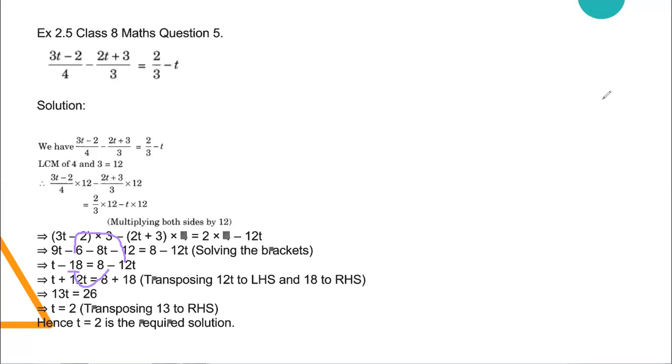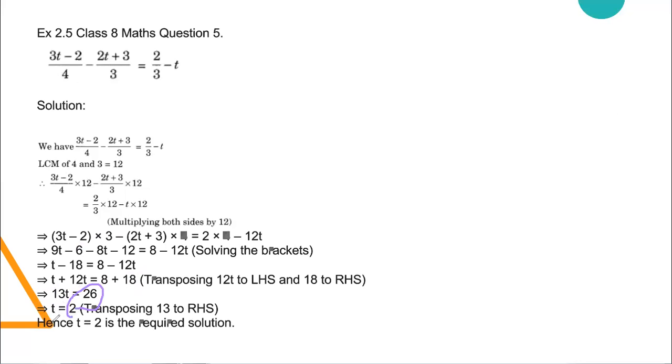When you do that, you arrive at the step where it is t plus 12t equals 8 plus 18. So now, how do you do this? You can add up t plus 12t, which arrives to 13t. Alright, 8 plus 18, which is nothing but 26. So that's how it is written over here.